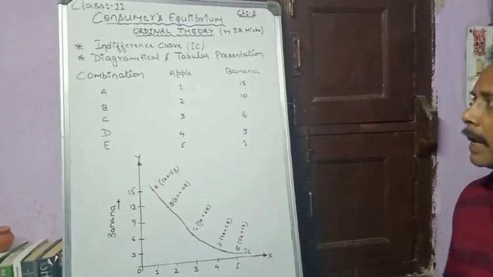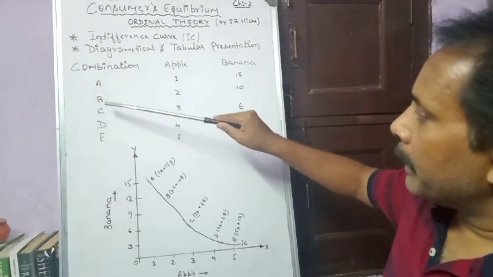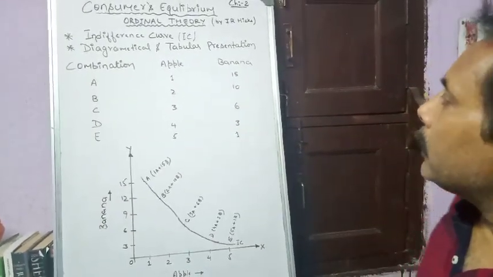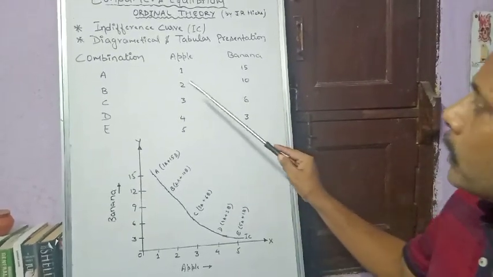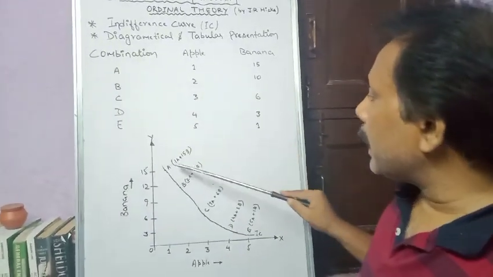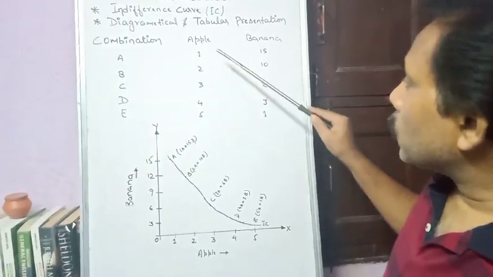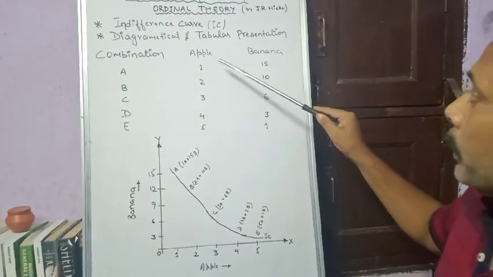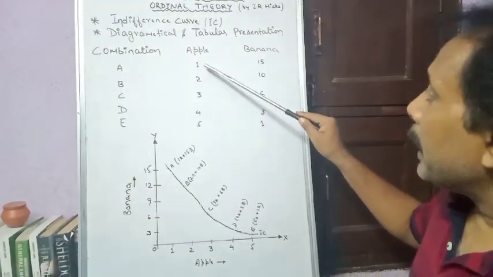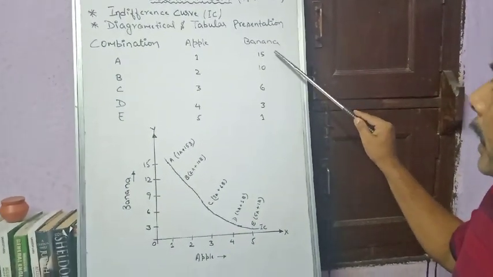Here I have taken the different combinations A, B, C, D, E, and the two goods are apple and banana. In the first combination there is 1 apple and 15 bananas. If a consumer wants to increase the number of apples, it means he sacrifices some bananas.